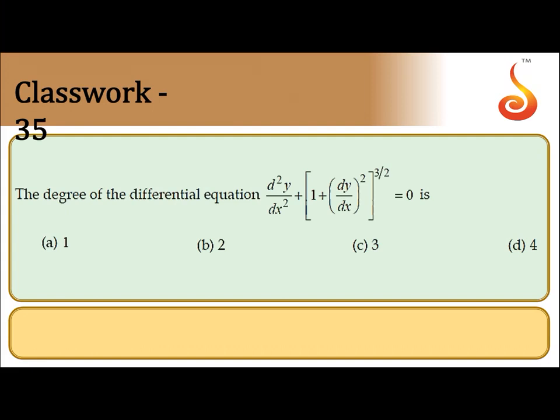As the power exponent is 3 by 2 there, we cannot directly evaluate the degree. So what happens, this particular term we take to the right side, we can write d square y by dx square is equal to minus of 1 plus dy by dx whole square, whole to the power of 3 by 2.